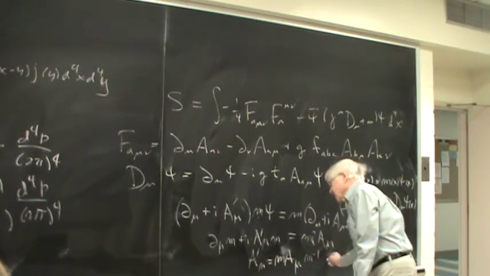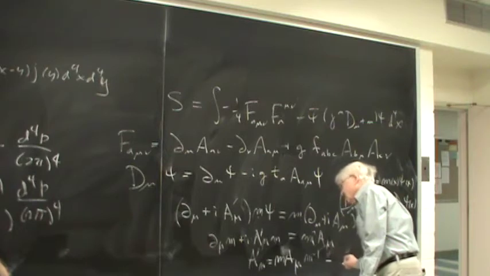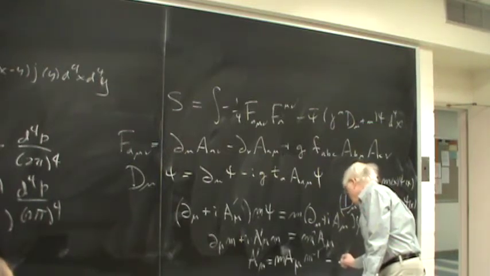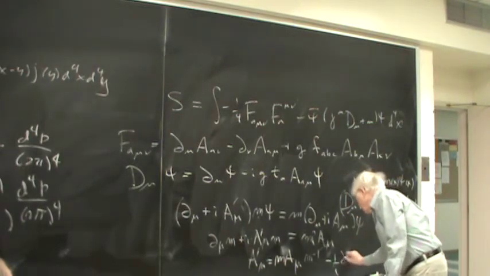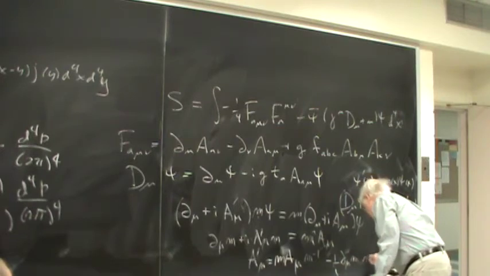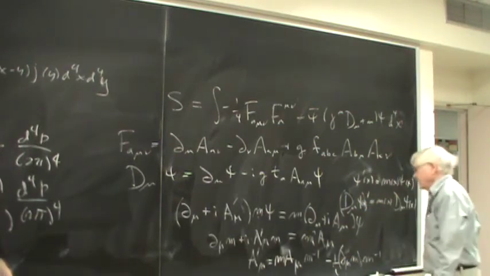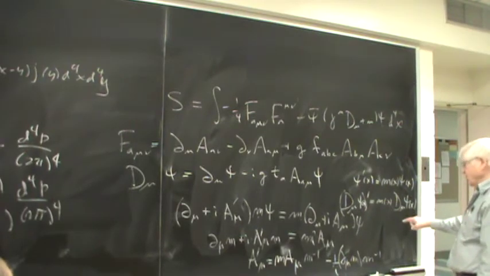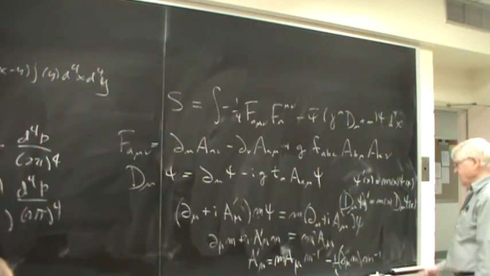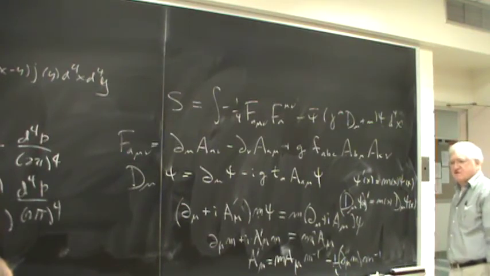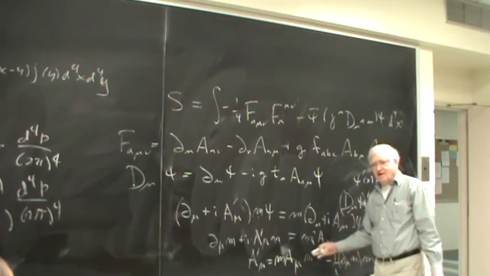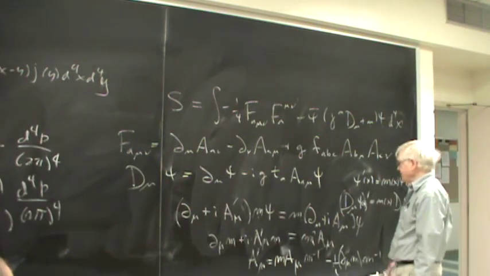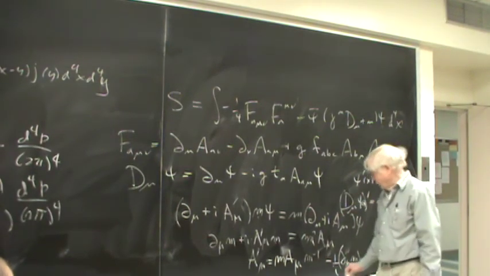And then the rest of it is minus 1 over i, d_mu M, M inverse. I think that's right. The d_mu M would go over, divide by i, we get a minus sign. All right, I think that's correct. Anyway, to within a minus sign and i. This is the trick that Yang and Mills invented that makes this invariant.